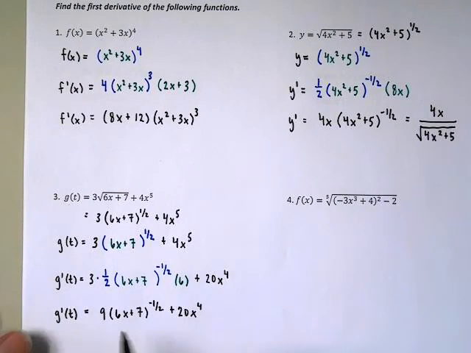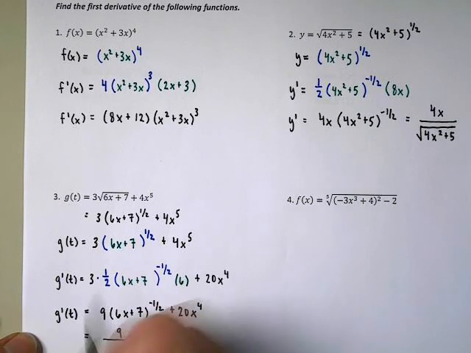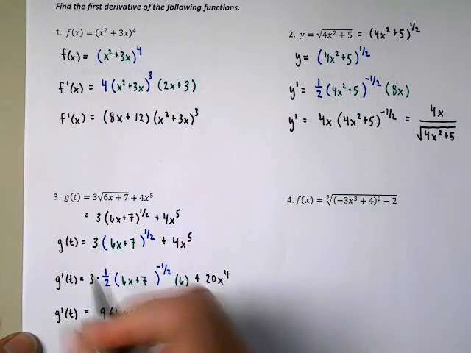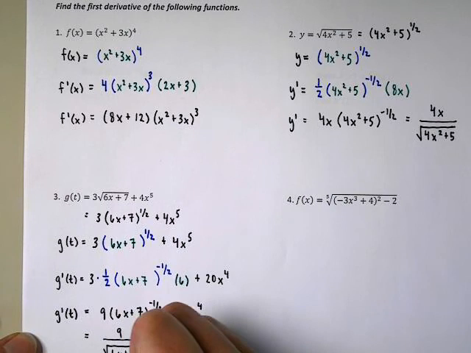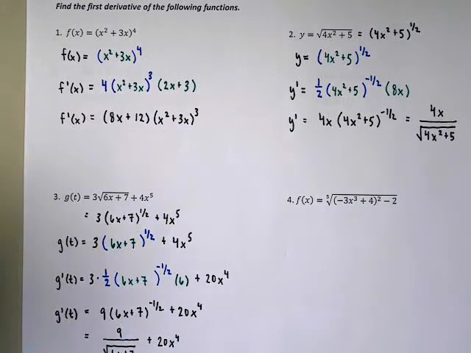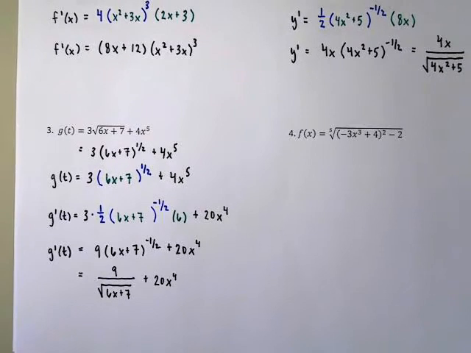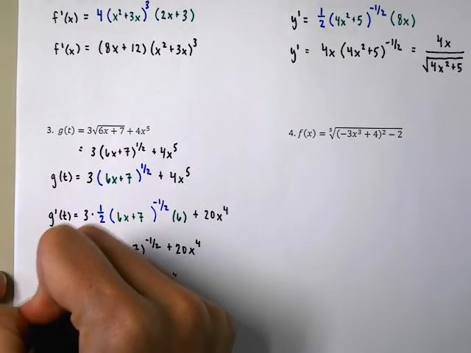And again, if I wanted to rewrite this, this would be equivalent to 9 over the square root of 6x plus 7 and then plus 20x to the 4th. Oops, can't see that down there. There we go. And that's my final derivative.